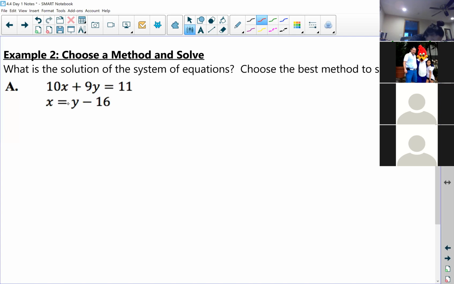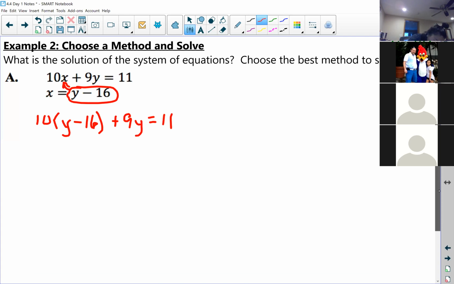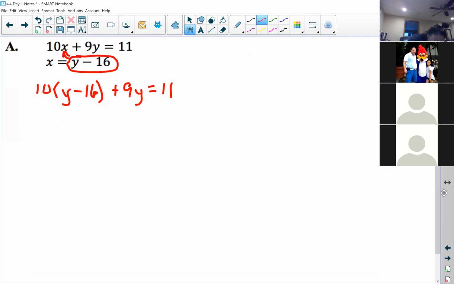And I like substitution in this case because we do have that one equation in x equals form. So I'm going to take y minus 16, substitute that in for x. Then we distribute. Multiply 10 by both of those things in the parentheses.